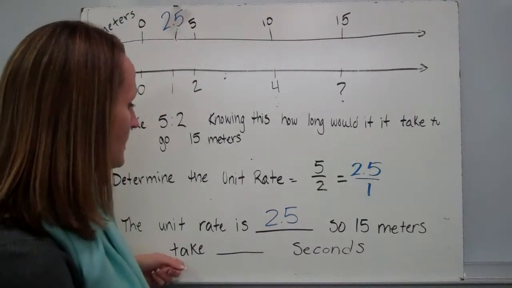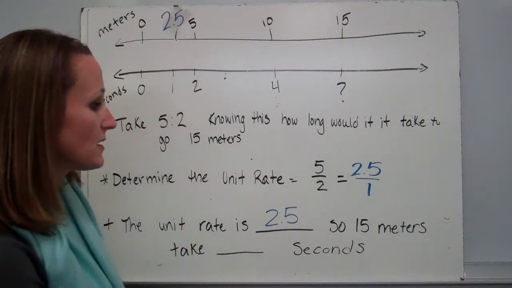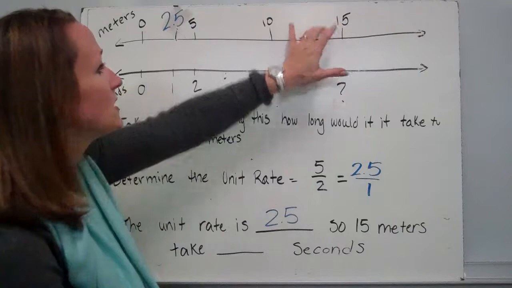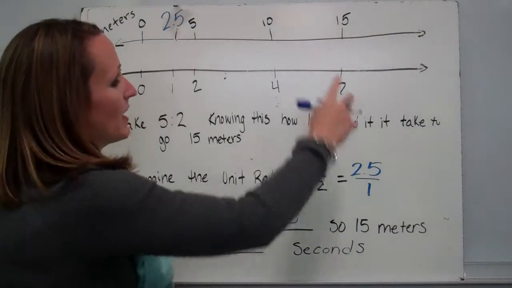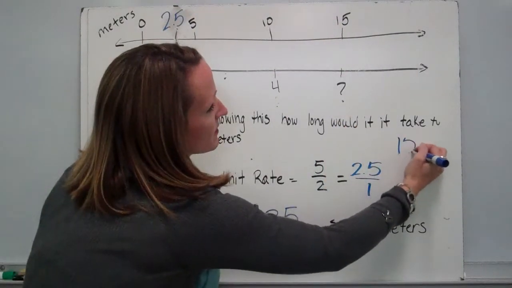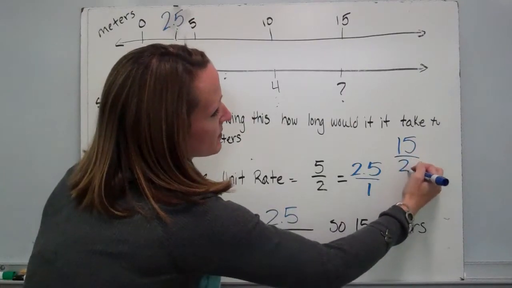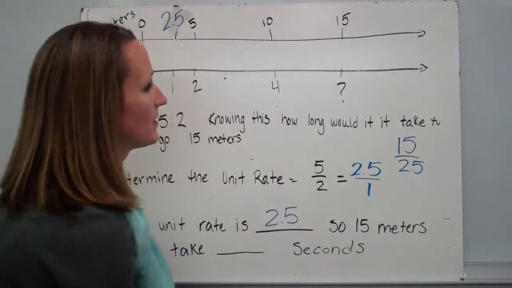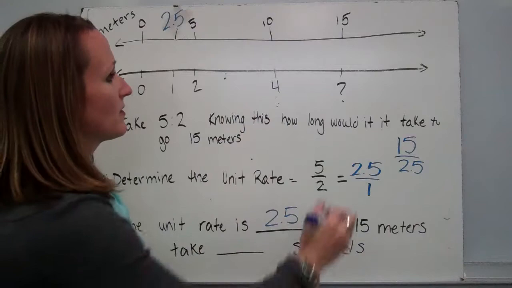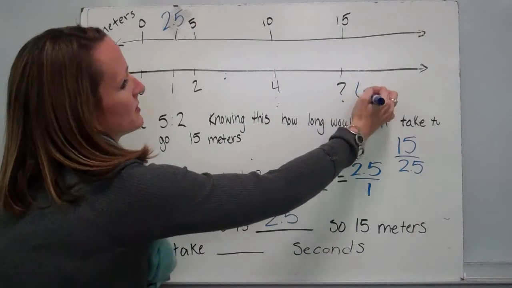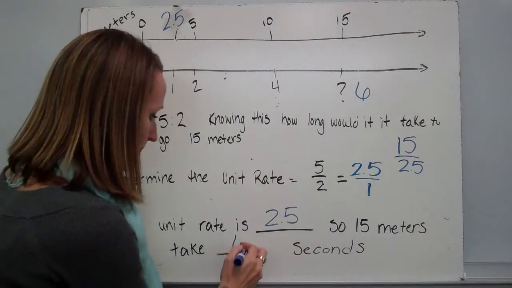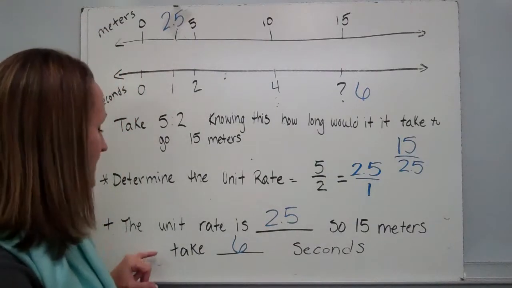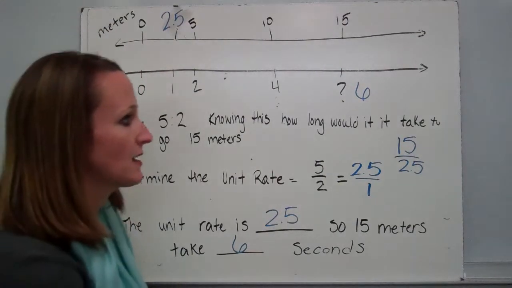Then, how can I find out how long it would take to go 15 meters? Well, I can take 15 and divide by 2.5, and I'm going to learn that this should be 6. So I would find out that 15 meters would take 6 seconds.